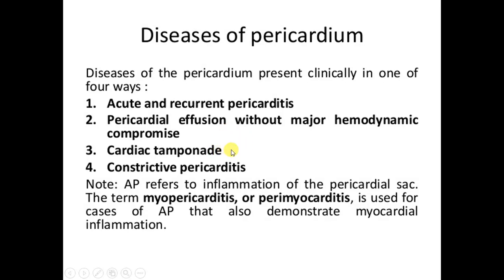It may cause cardiac tamponade, and if the pericardium becomes fibrous and constricted, then it is called constrictive pericarditis. The terms myopericarditis and perimyocarditis are used for causes that also demonstrate myocardial inflammation, acute pericarditis.